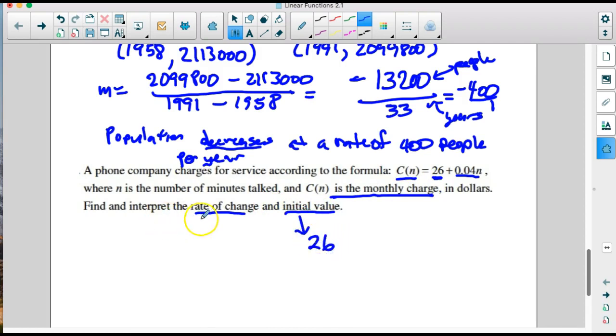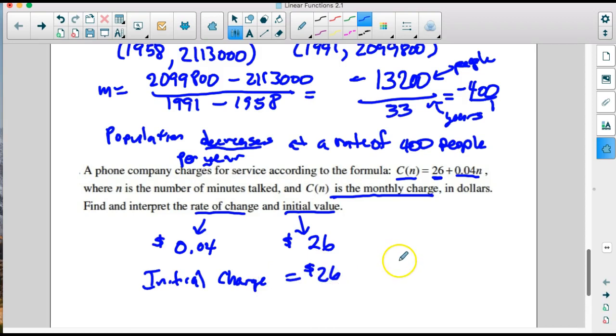And the rate of change would be 0.04. Now, n is the number of minutes talked, and we're charging in dollars. So this is $26 as our initial value, and $0.04, so this would be 4 cents. So your bill would represent your initial charge of $26, so that's what they're going to charge you per month no matter what you do.